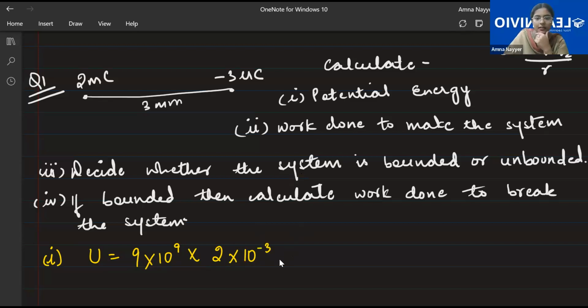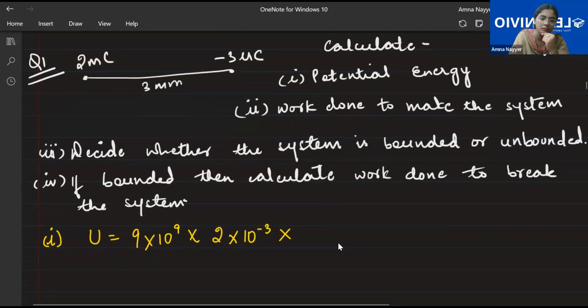Yes, right. Aisha, Q2? Minus 3 into 10 to the power minus 3. 10 to the power? Minus 6. Minus 6. Perfect.